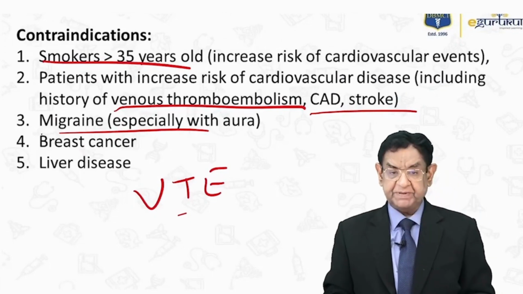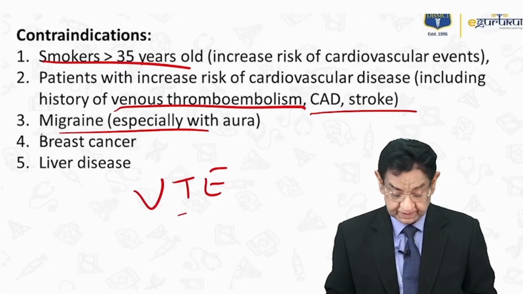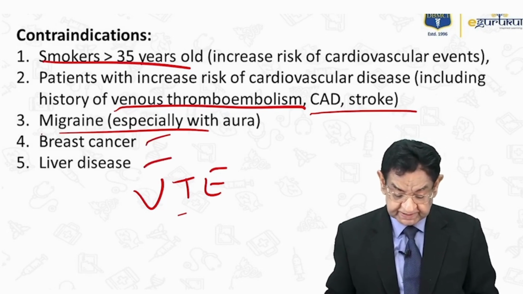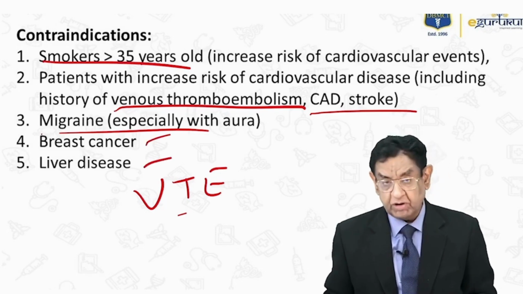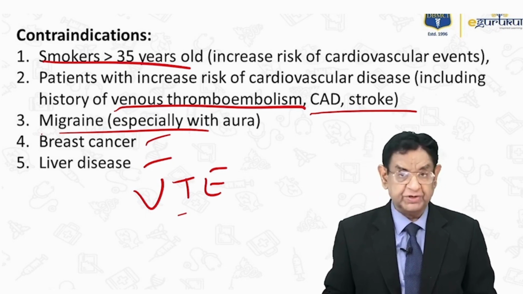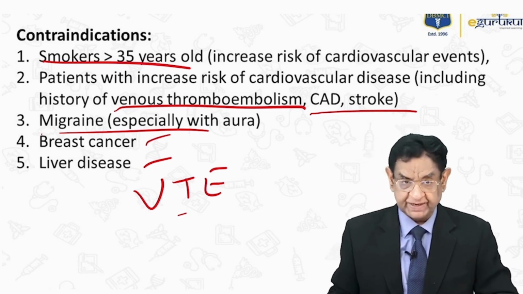Migraine is precipitated, especially with aura. Breast cancer and liver disease are contraindicated. We should not use it because they are going to add to the effect.